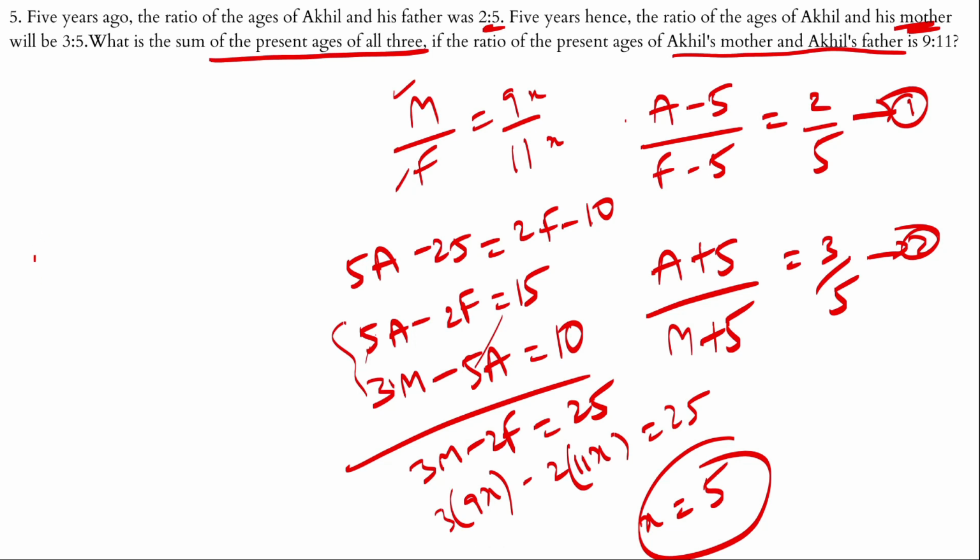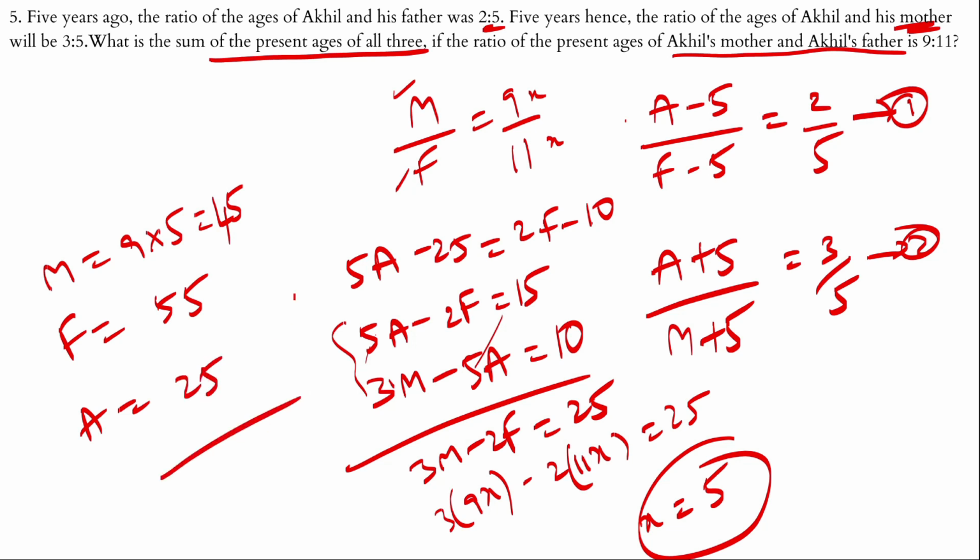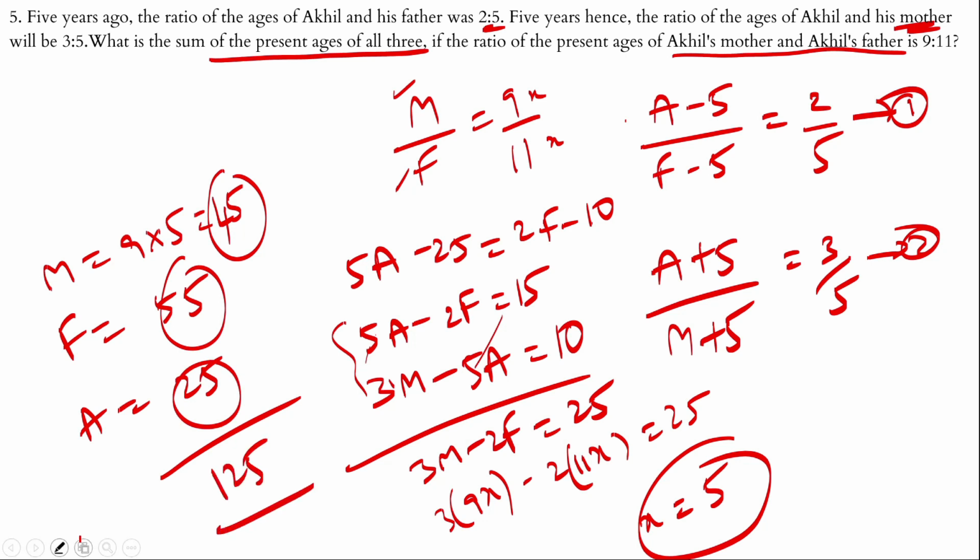So if x is equal to 5, then the age of mother will be 9x, that is 9 into 5. This is 45, and age of father is 11x, which is 11 into 5, that is 55. And age of Akhil is 5 times 5, this is 25. Okay, so 45, 55 and 25, the sum is 125. This is the total age of all three.